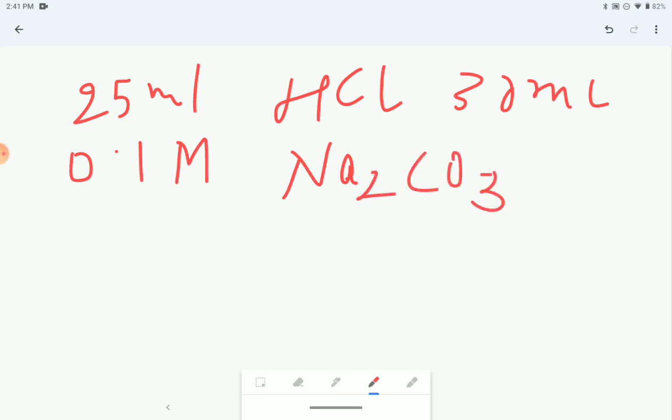Once again, I repeat the sentence. 25 ml of the given HCl solution requires 30 ml of 0.1 molar sodium carbonate solution.